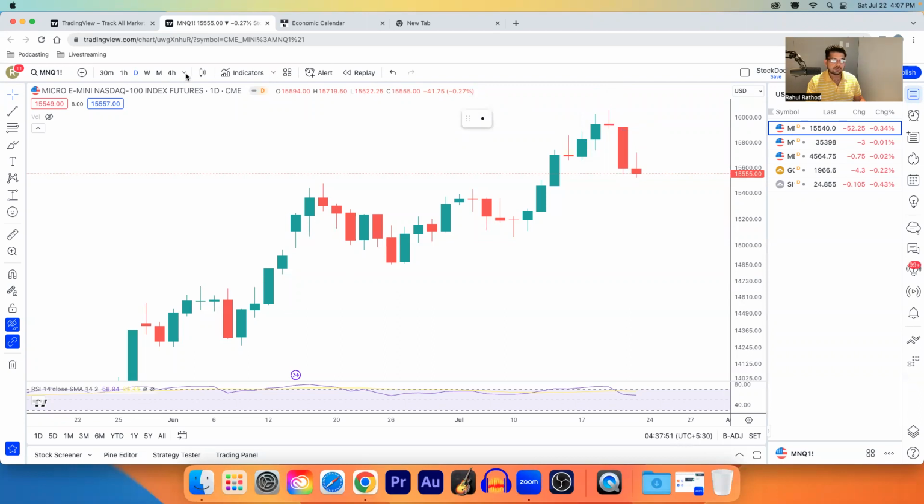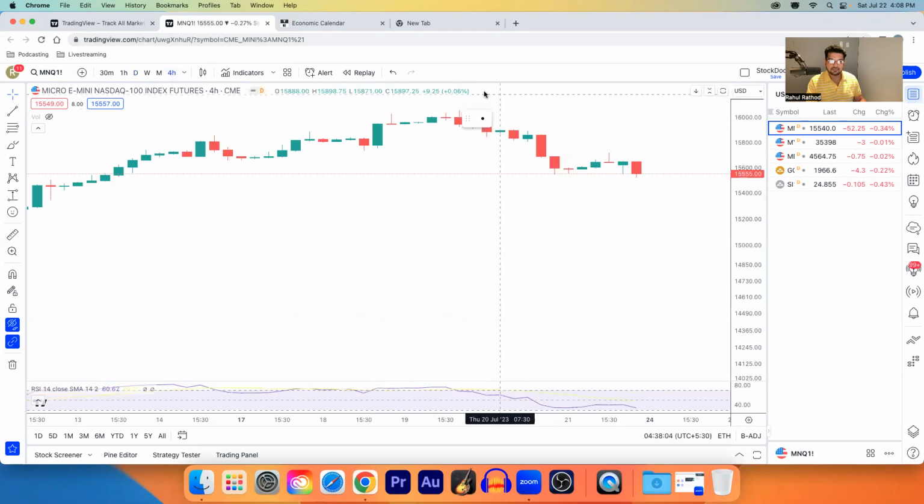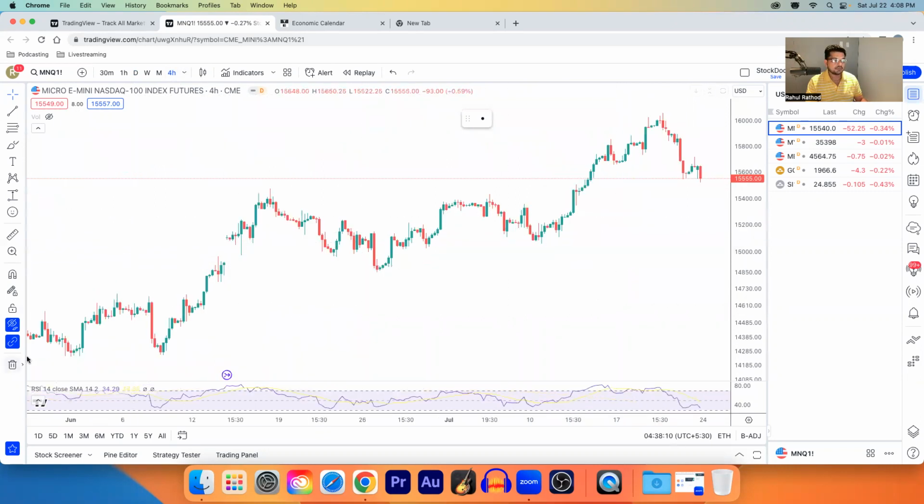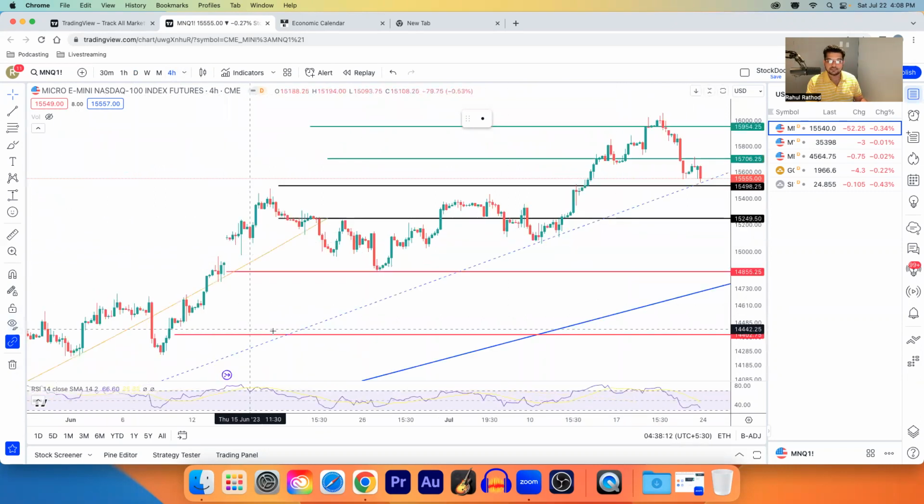Now we are going to talk about the 4 hour time frame where we are actually going to discuss the exact levels. So let's go ahead and discuss the exact levels where the market wants to go. Okay, so this is the 4 hourly chart. Let's unhide the drawing to understand the levels. So don't get confused with a lot of lines here.